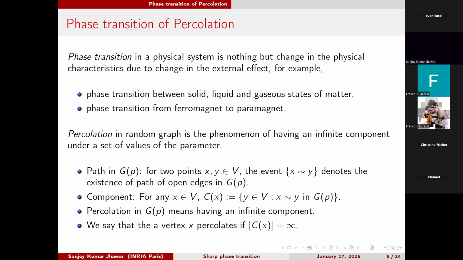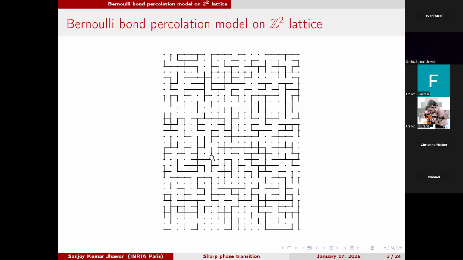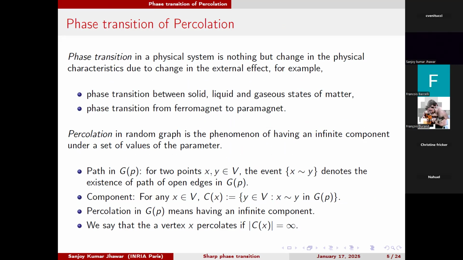To go back to our original picture, if you want to reach from this vertex to somewhere here, then you have a path in this realization of the graph. C(x) is the component of x, that means wherever you can reach from x using paths on the graph, the connected component.